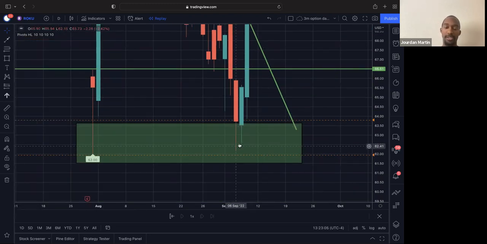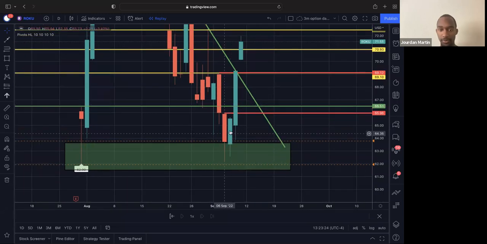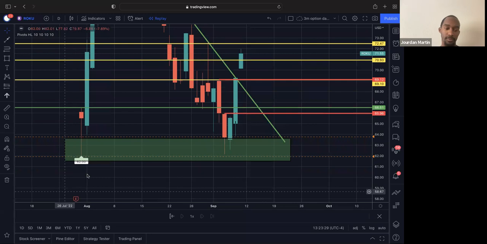It's when the low of this candle is higher than the previous and the high is lower than the previous, which forms a candle that is inside the previous candle. I just like to trade the break outside of that, and I like to target the nearest high, which will be here, right? And that's what led to the Roku trade that I called out in the Discord. Easy money. That's how I trade inside bars.